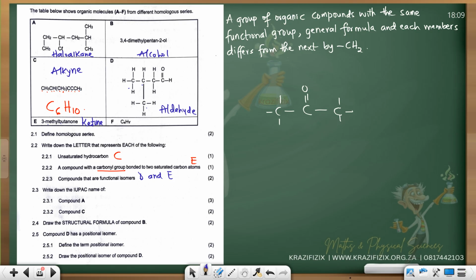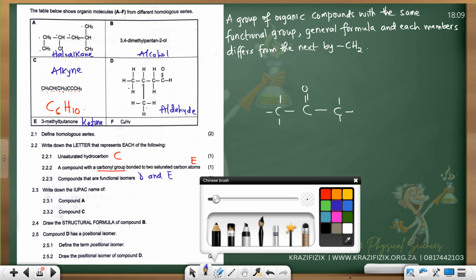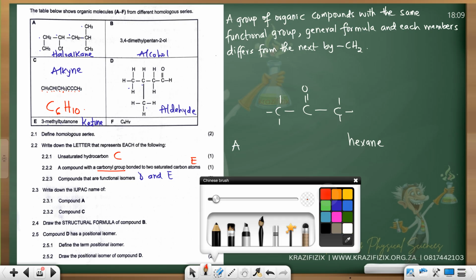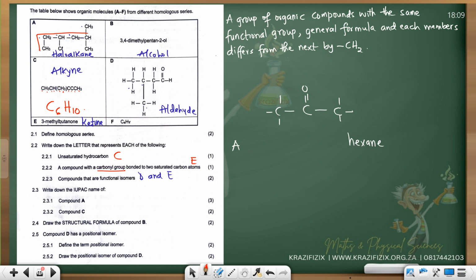IUPAC name of compound A. What's the longest chain? 1, 2, 3, 4, 5, 6. Do we agree? Yes. Compound A, 6, I know it's hexane. Remember what I told you? Draw. So I see here that I only have what?